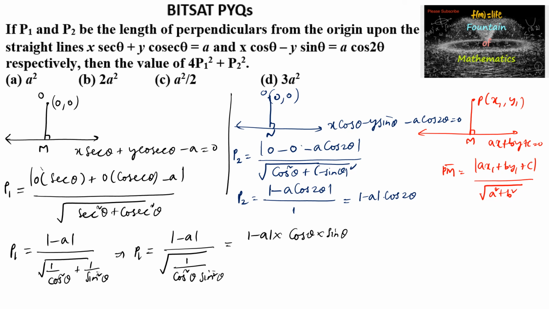And here also we can write P1 is equal to mod of negative a, multiplying and dividing by 2, 2 cos theta sin theta is sin 2 theta.